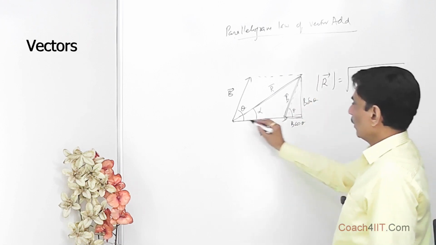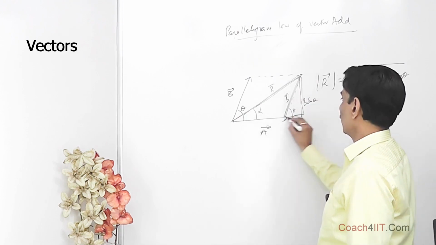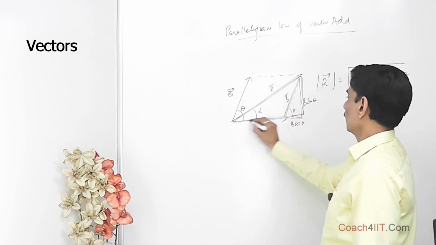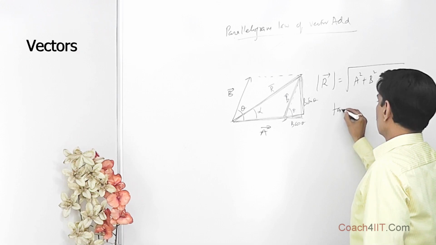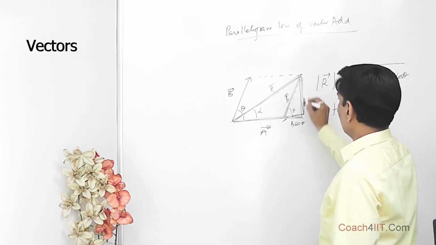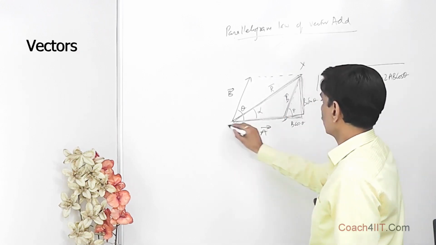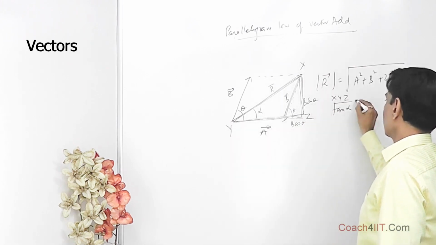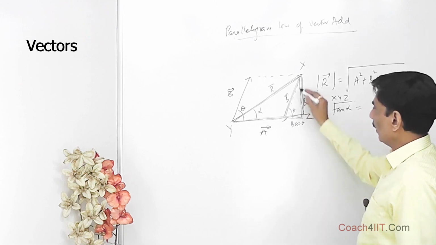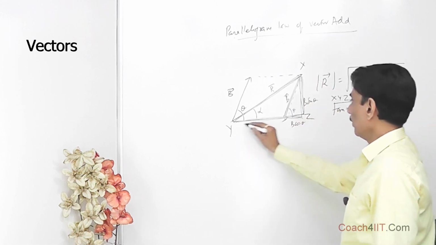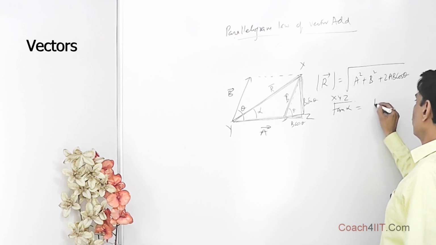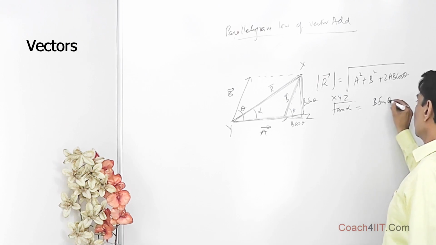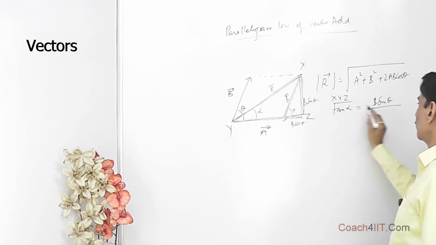Now we see this bigger triangle. Let's say we call it X, Y and Z. So tan alpha is equal to perpendicular by base. What is perpendicular? Perpendicular is B sin theta. When we say B, it is purely the magnitude only.